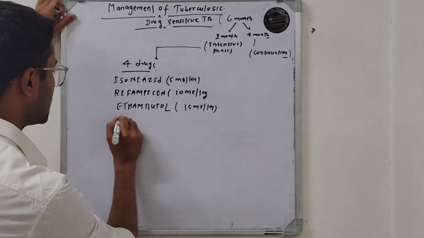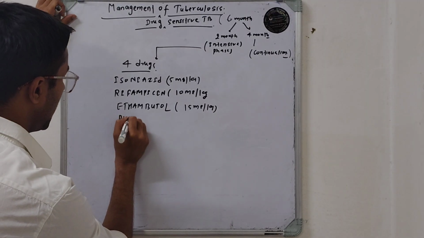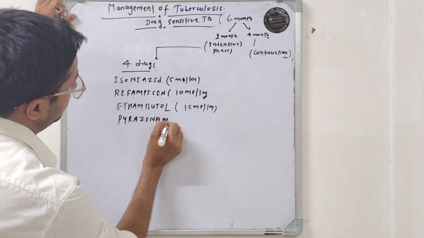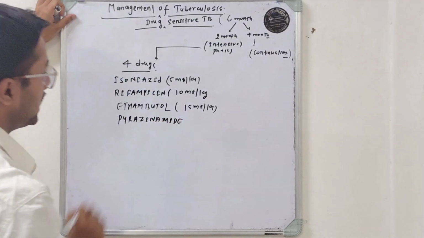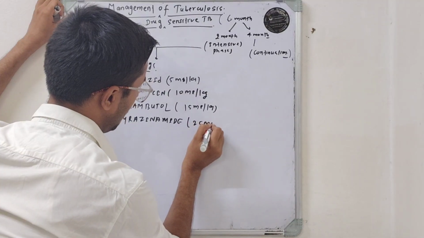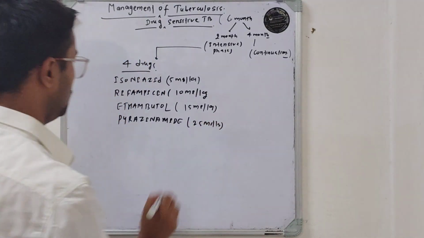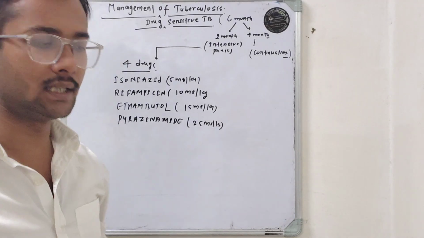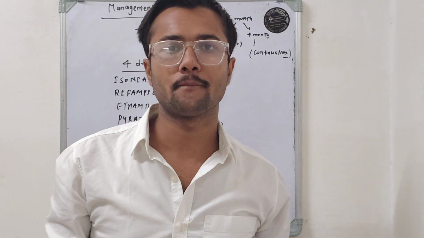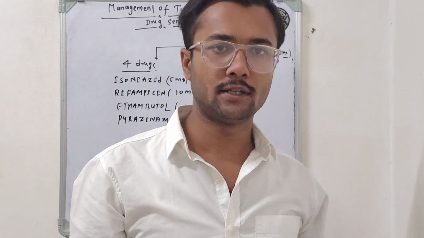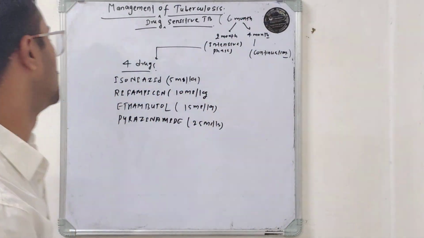And the fourth drug is pyrazinamide, with a dose of 25 milligram per kg. So these are the 4 drugs we give in the intensive phase of tuberculosis treatment.